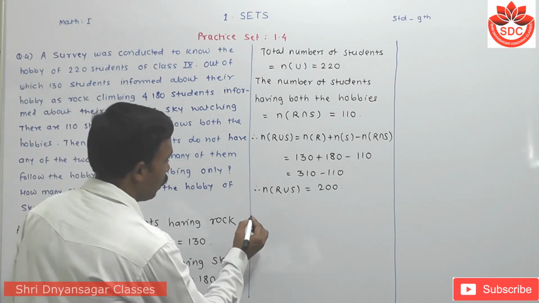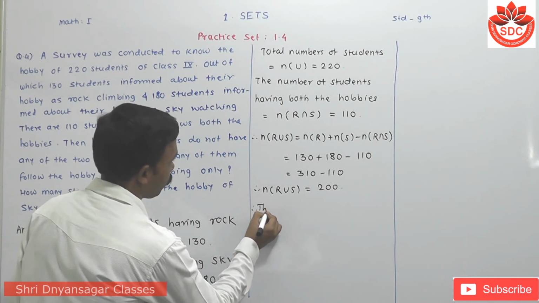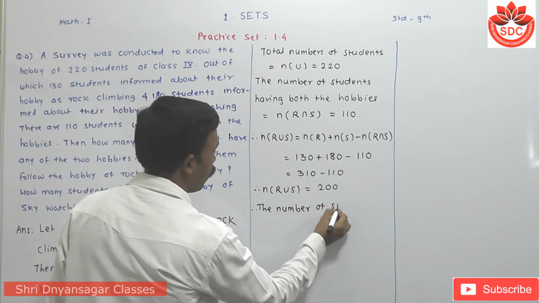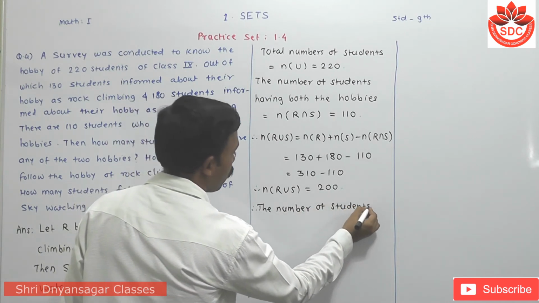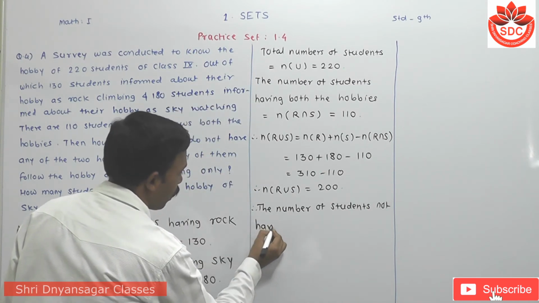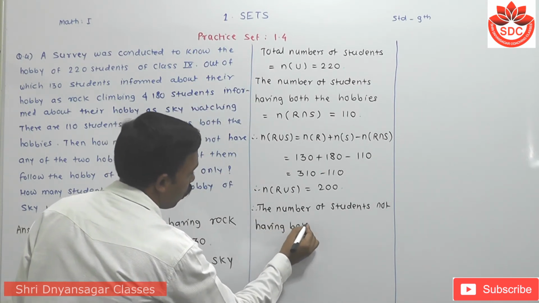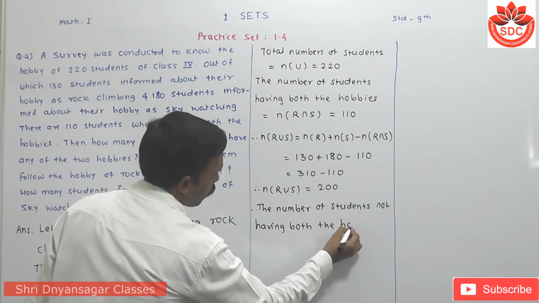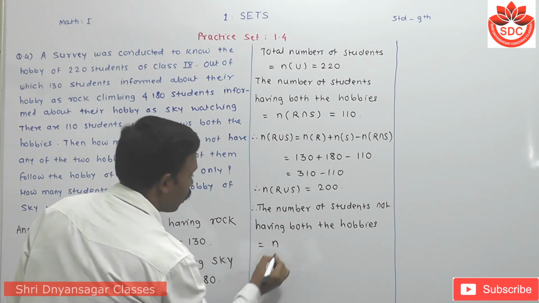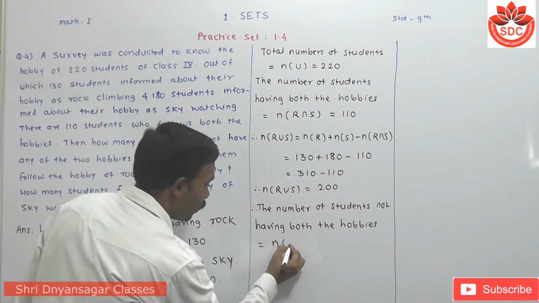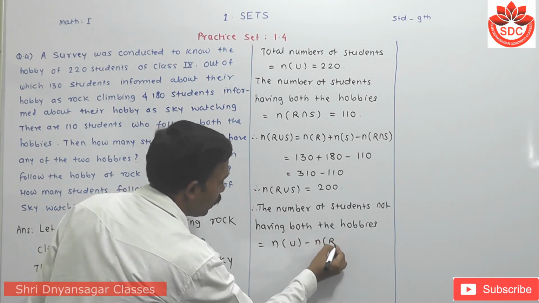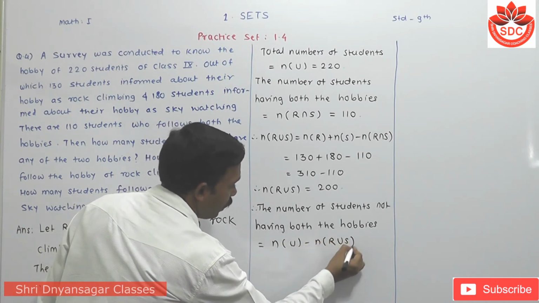Therefore the number of students not having both the hobbies is equal to the total number of students, n of U, minus those having any one of the hobbies, R union yes.